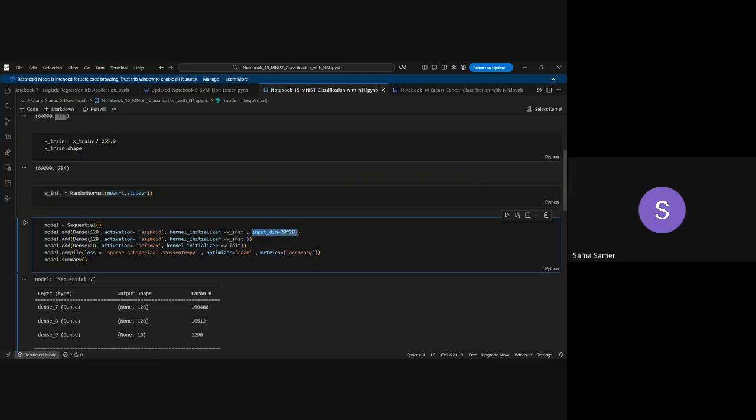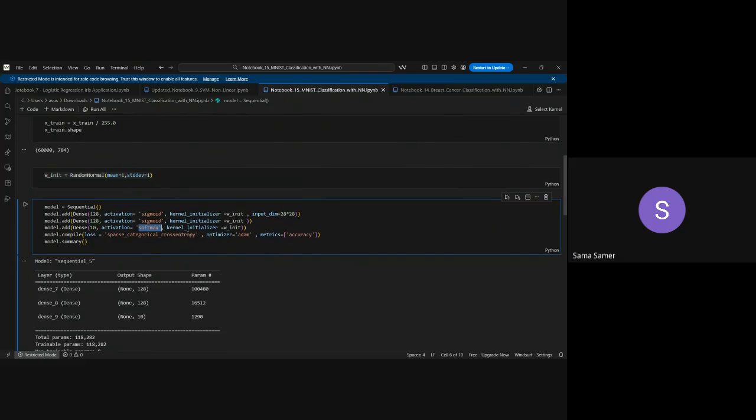Then we added another 128 layer with the same ideas without the input dimensions. Lastly, we used a softmax activation to determine our last 10 layers before the output comes.